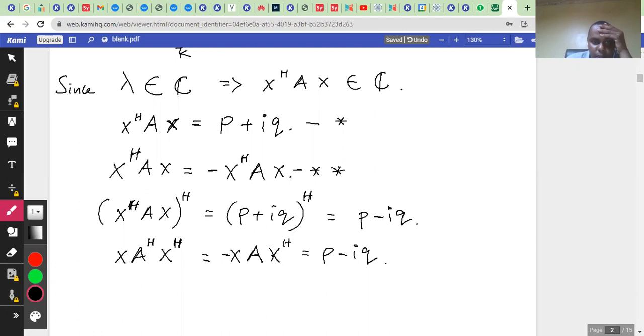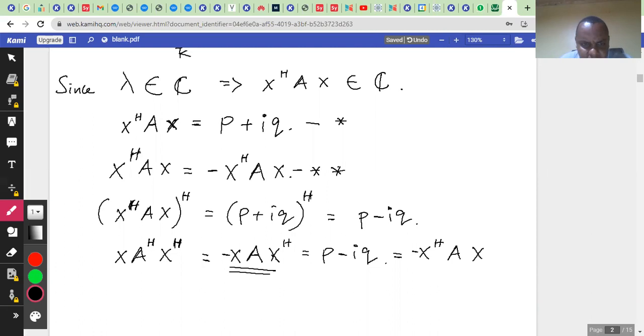Also, we could say that we could swap the negative and the x. This matrix, because it's a scalar, is x^H A x but with a negative in front of it. You agree with that?